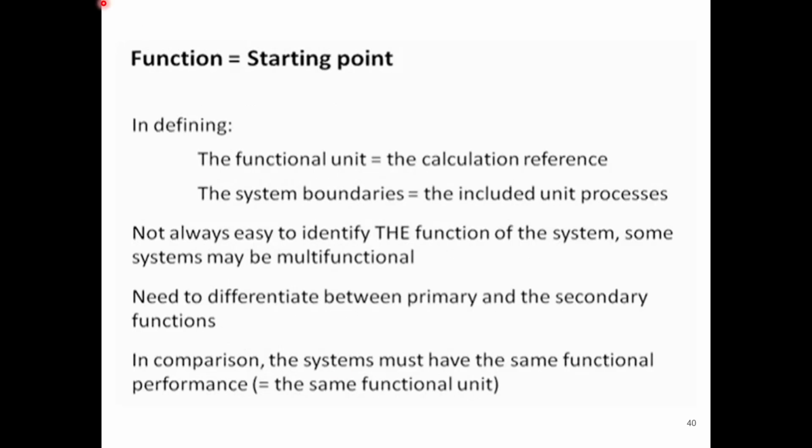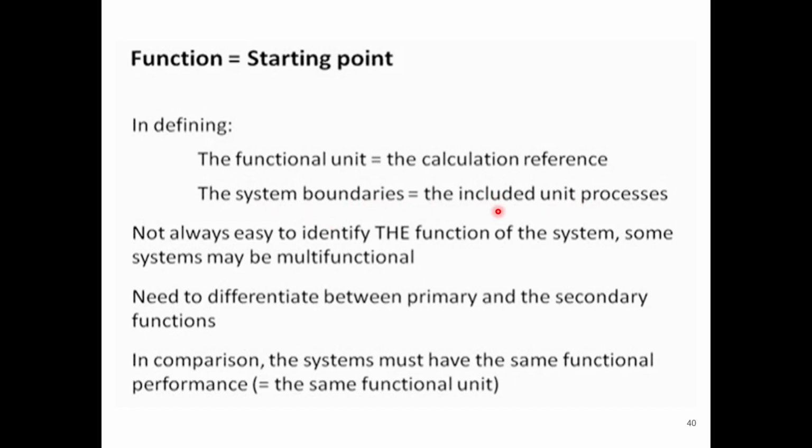And the function is basically the starting point. In defining the function, we need the functional unit, that is the calculation reference. What is required? What is the specification, basically, in terms of the value we want to achieve for the product? And the system boundaries include the unit processes, as I showed you.